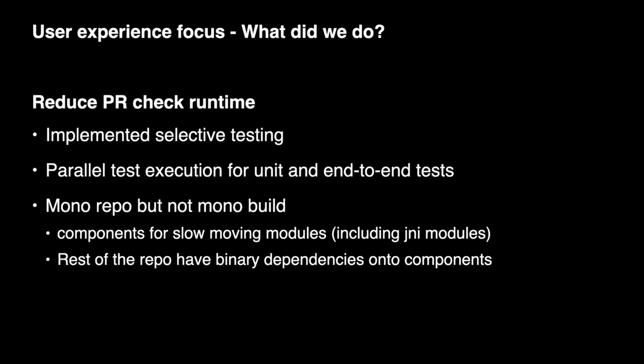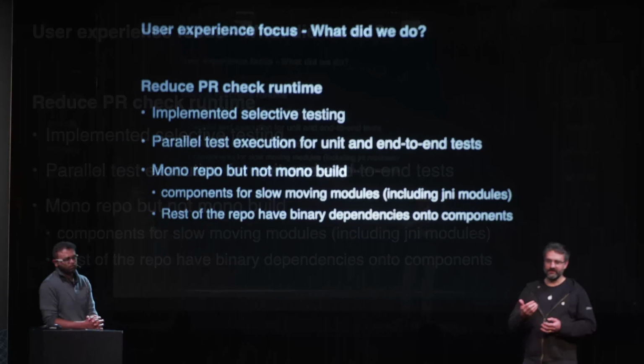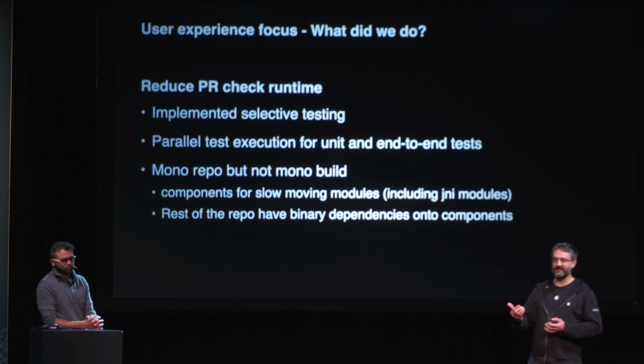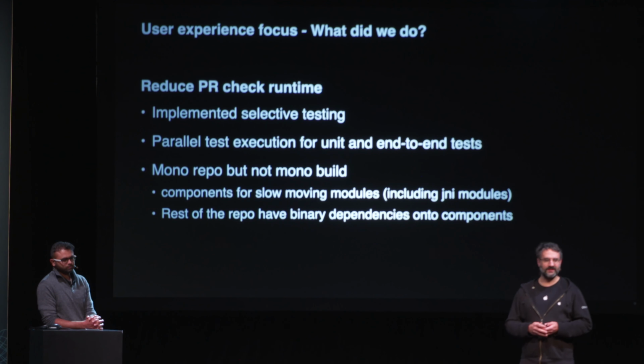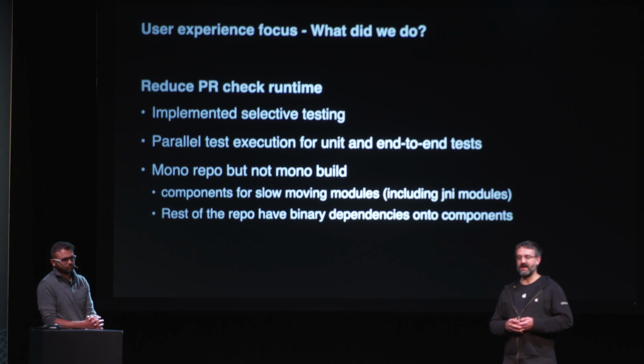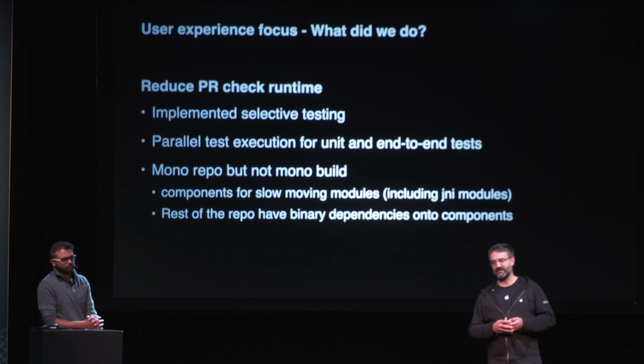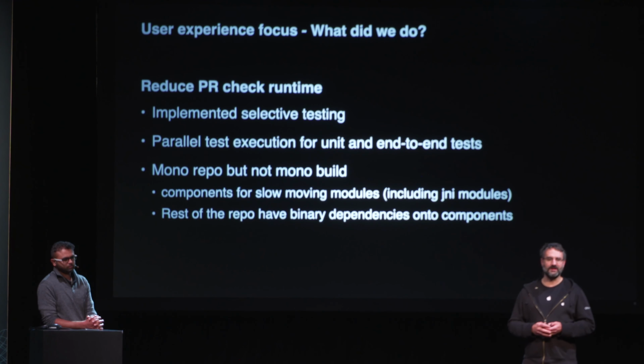So we tried our best to identify, okay, this PR, in which functional area of the product does it change something, and where should we be checking that nothing is broken? We implemented parallel tests for unit and end-to-end tests so that we can run more tests in a given time frame.